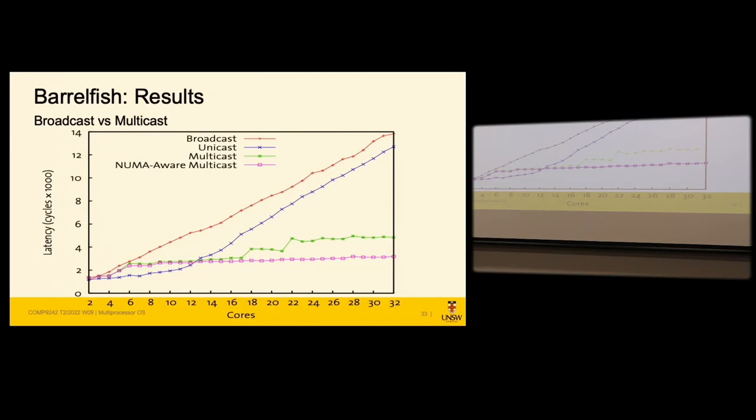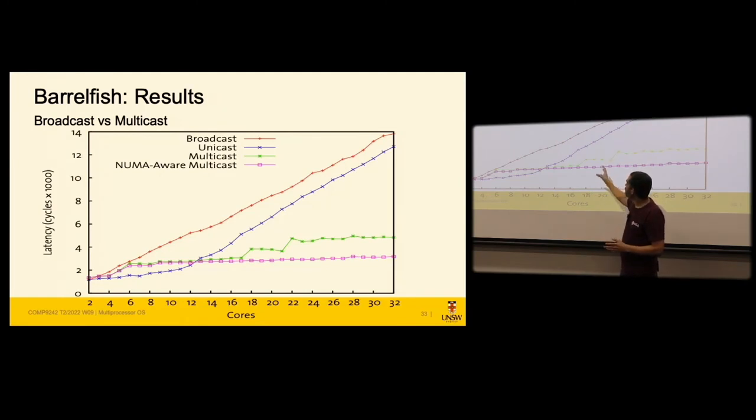Some other experiments. They implemented a multicast using this message passing. There's unicast, sending a message to every receiver. A multicast is sending a message in a tree shape to a receiver, and that one sends to some other receivers, and they send to other receivers. They also have a NUMA-aware multicast where those groups are NUMA-aware.